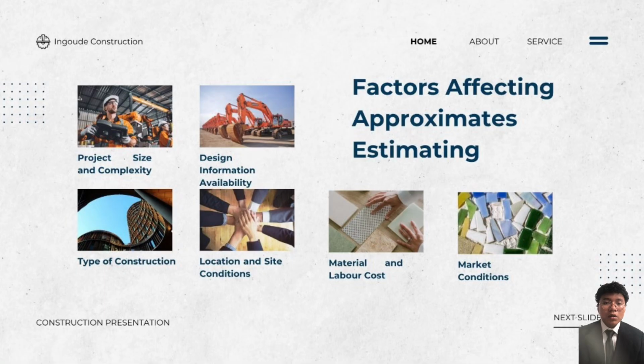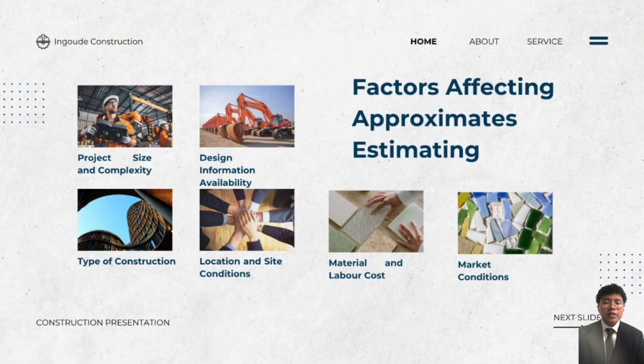The larger or more complex the project, the harder it is to estimate accurately at an early stage. A single-story house is easier to estimate than a hospital with specialized medical rooms, services, and equipment. More complexity often means more risk of cost variation.